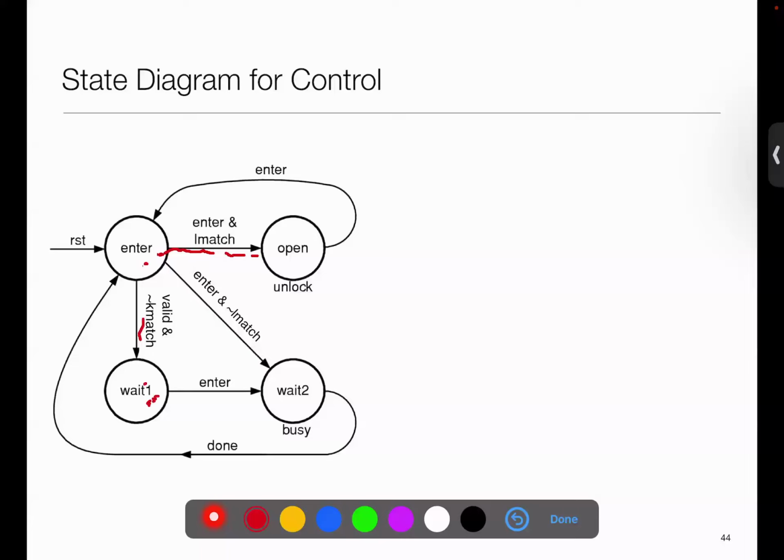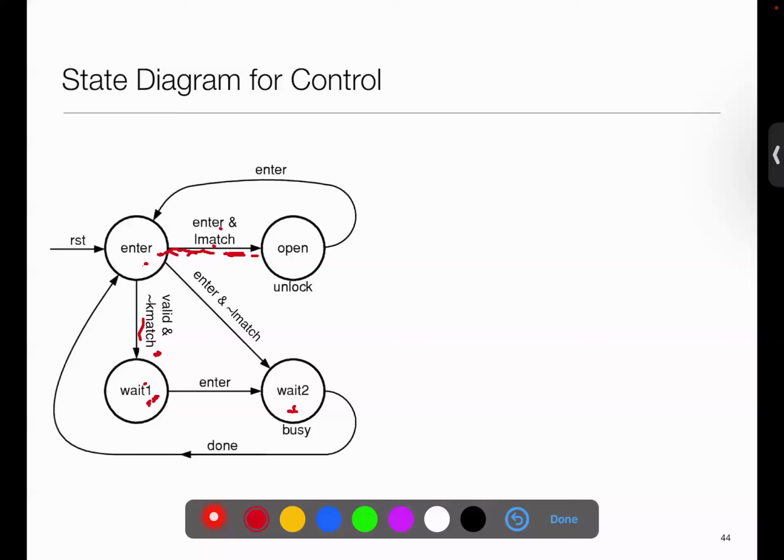Otherwise, we lock the user out. If there was a failure to match, then we want the user to be locked out, stay busy for a while, and then head back. The lower part of this finite state machine handles the case of incorrect entry.